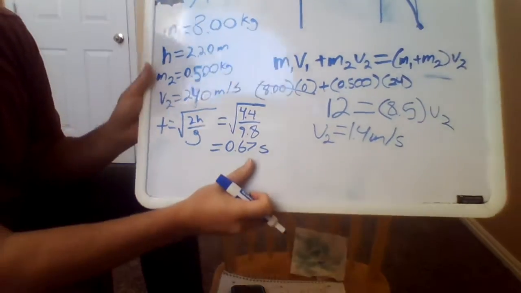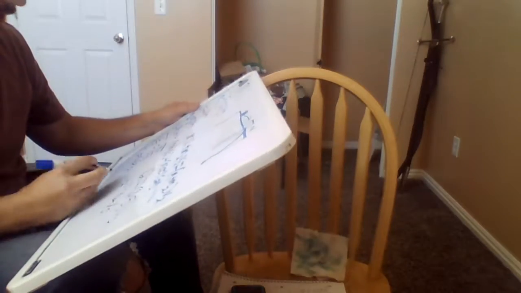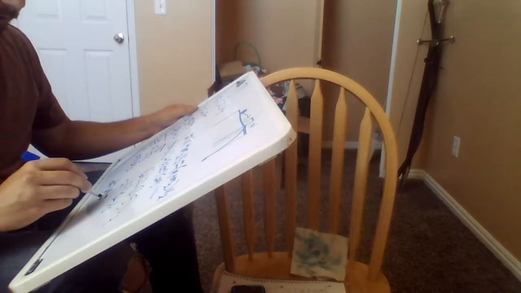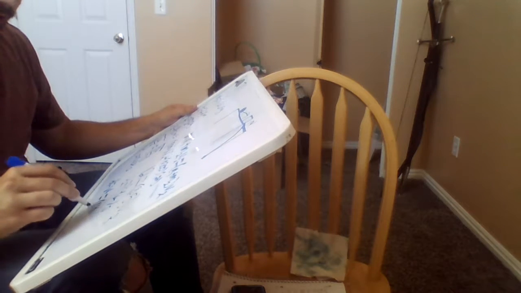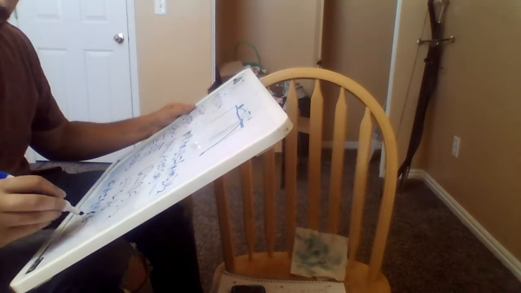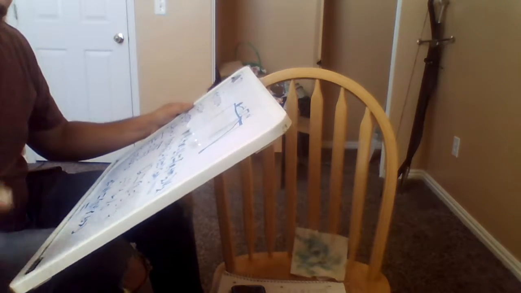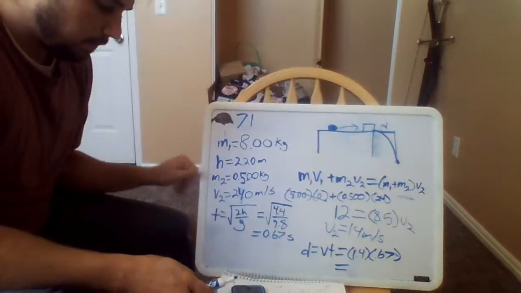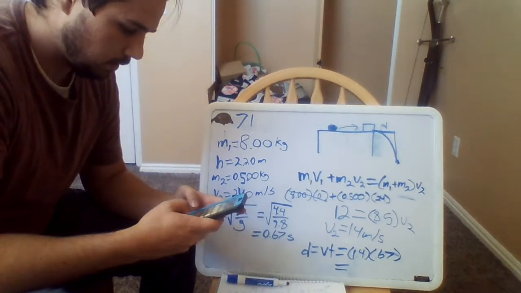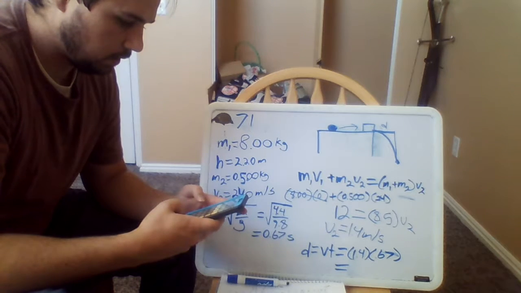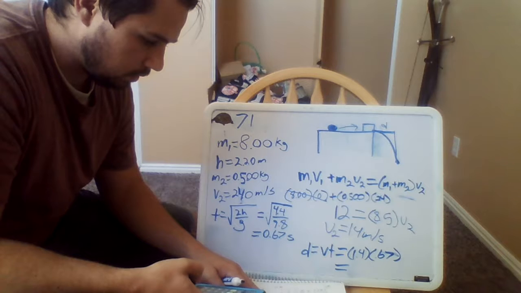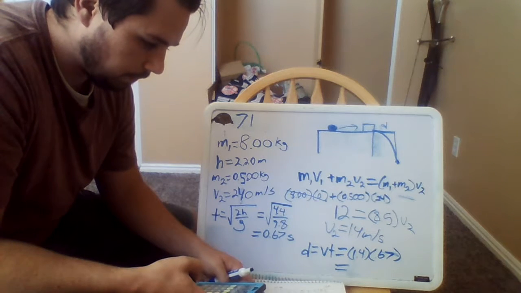And then, now we have everything we need. So to find the distance, it's just the velocity times time. So we have 1.4 times 0.67. Give us some time. And so, this will give us our distance.